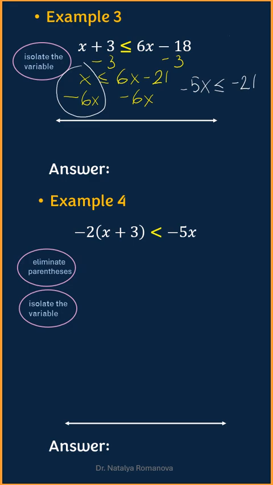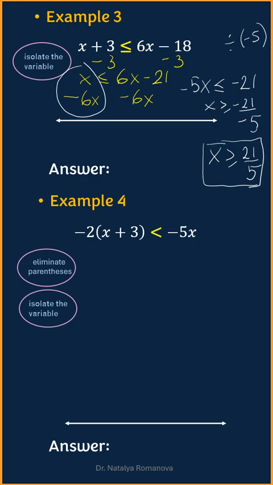Negative 5, carefully, it is a negative value, so we will need to flip the sign. So it would be x greater than or equals negative 21 divided by negative 5. Negative 21 divided by negative 5 gives x greater than or equals 21 fifths. Now we create the graph of our inequality.